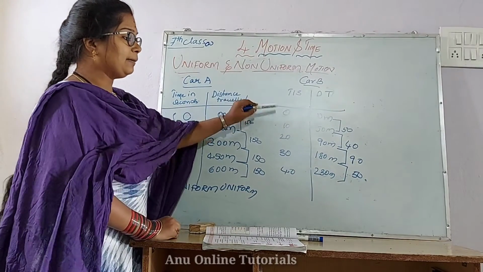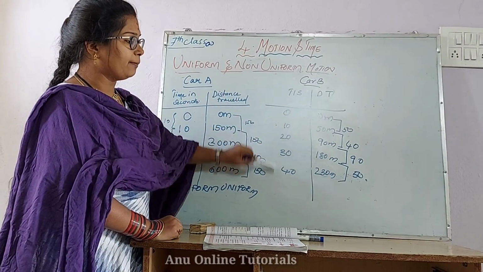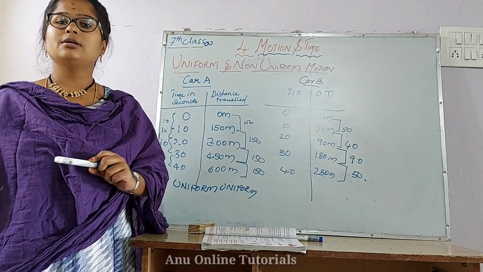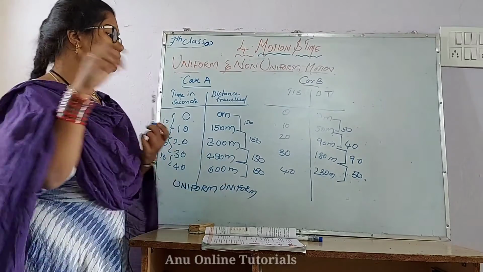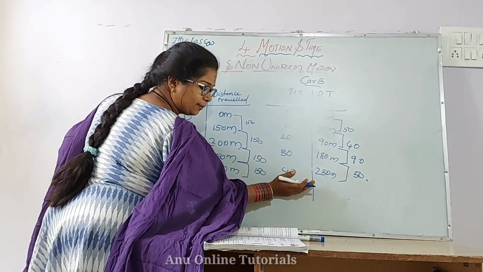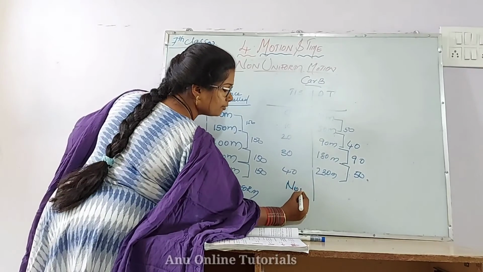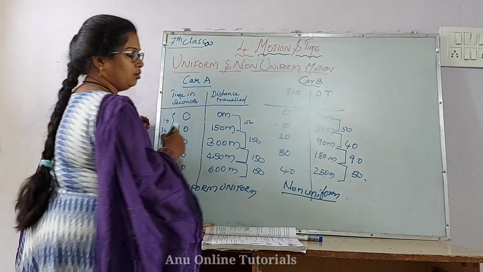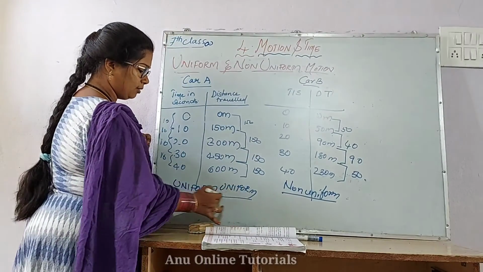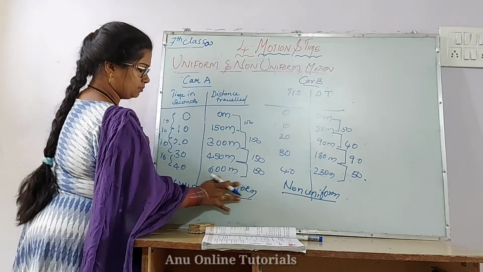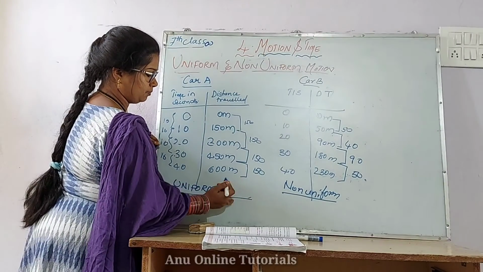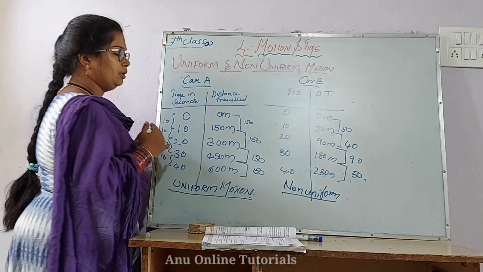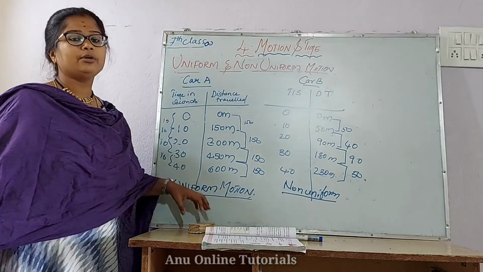But in car B, in the same time, unequal distance has been traveled. So this type of motion is said to be non-uniform motion, and this is uniform motion. Uniform motion and non-uniform motion.